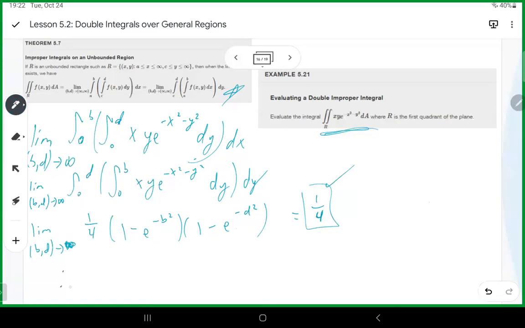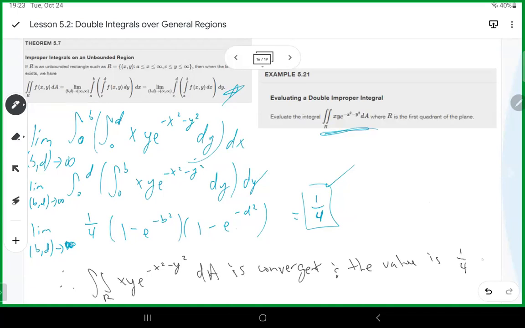So therefore, the double integral over the region is convergent. And the value is 1/4.